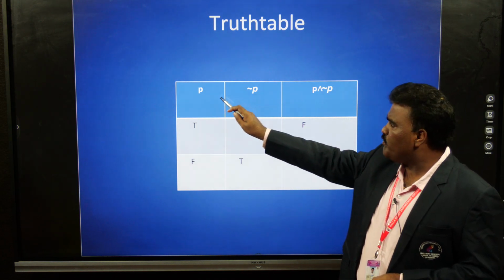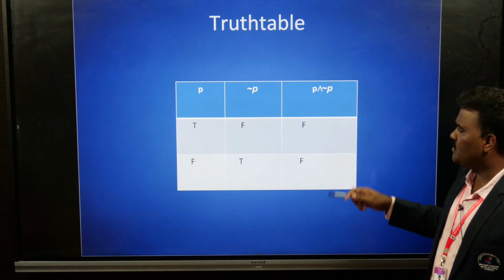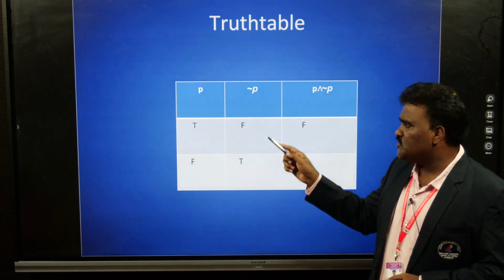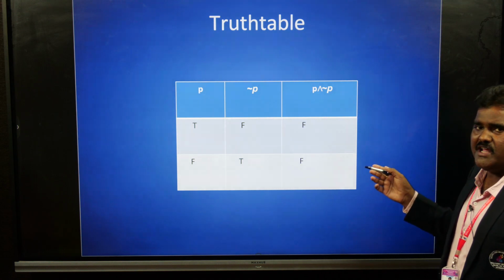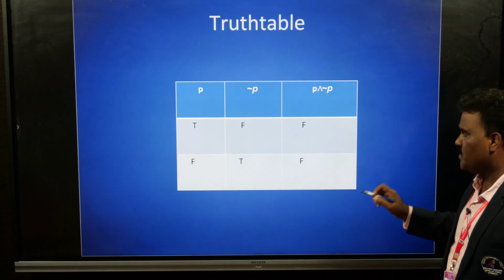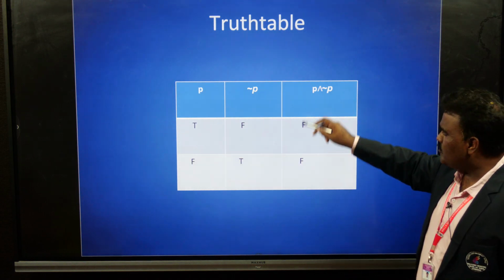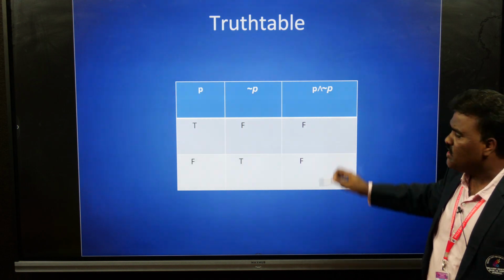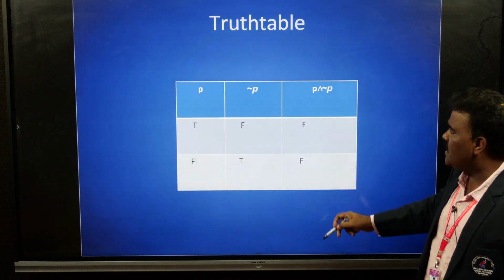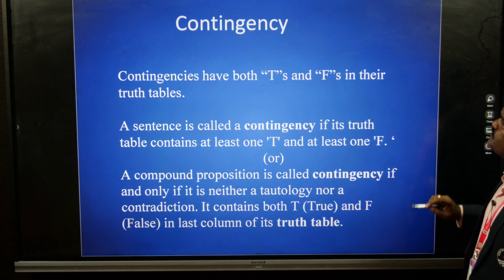Here we have P and the negation of P: true, false. The AND operator denotes that only if both statements are true is the result true. In all remaining cases, the result will be false. So here: false, false, false, false. Observe that in this column all values are false. If all the values are false, then it is called a contradiction.